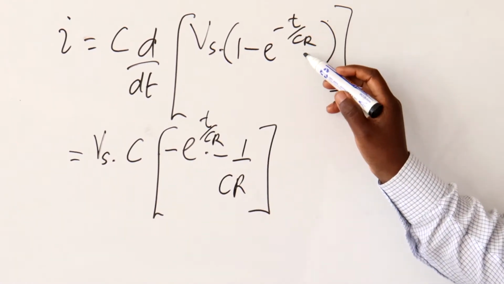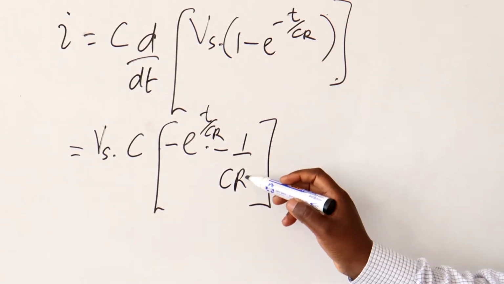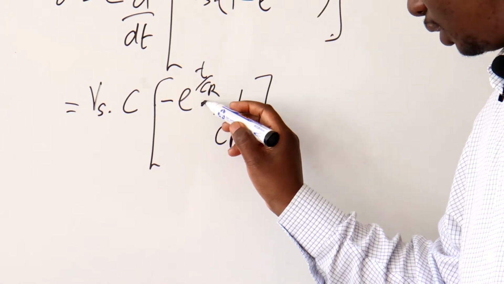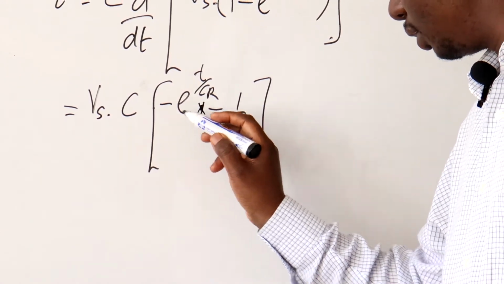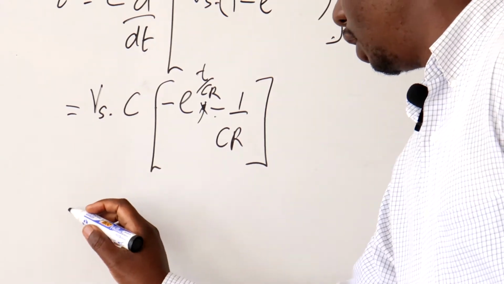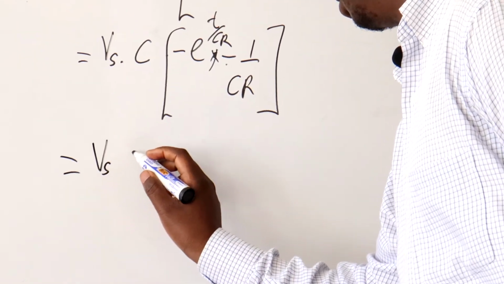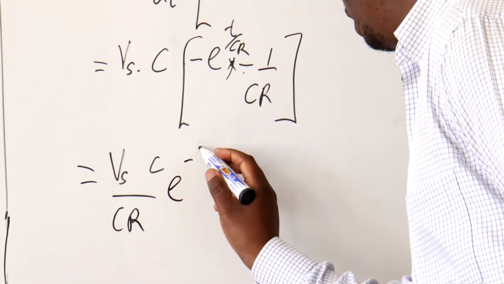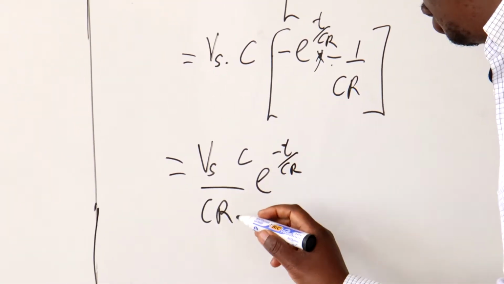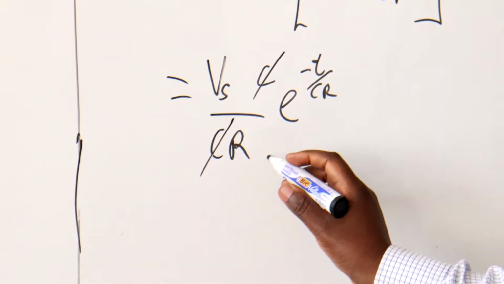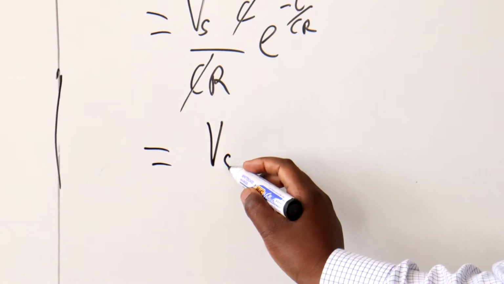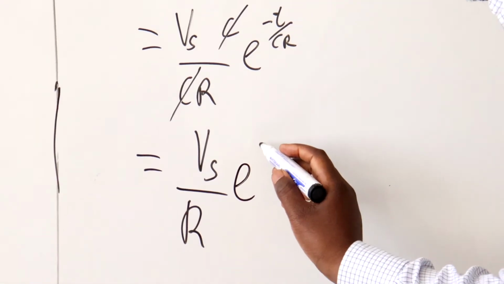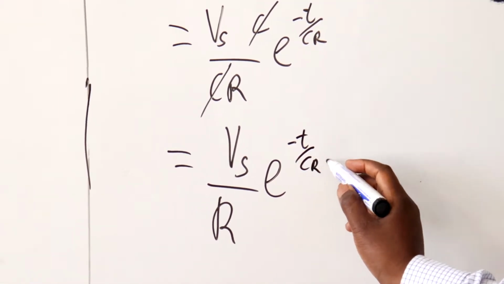This minus and minus here cancel; a minus times a minus becomes a plus. Then we shall have Vs times C over CR, e to the minus t over CR. C and C cancel out. Then we shall have our equation as Vs over R, e to the minus t over CR.